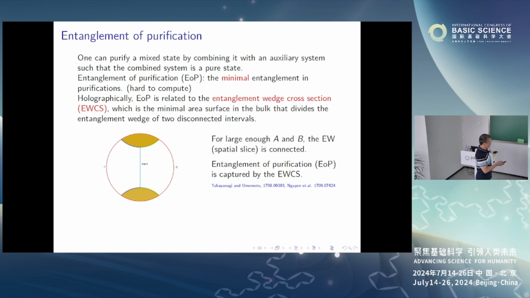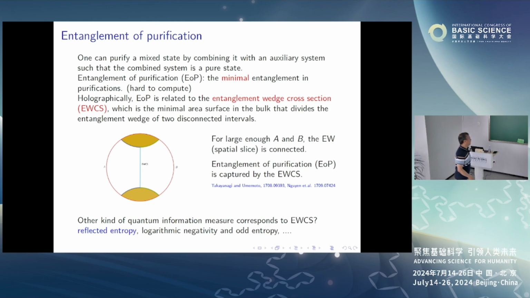These two groups proposed that the entanglement of purification of A and B is captured by this entanglement wedge cross-section, EWCS. The question is whether there is some other quantum information quantity.